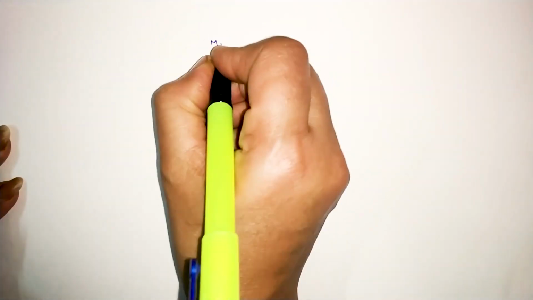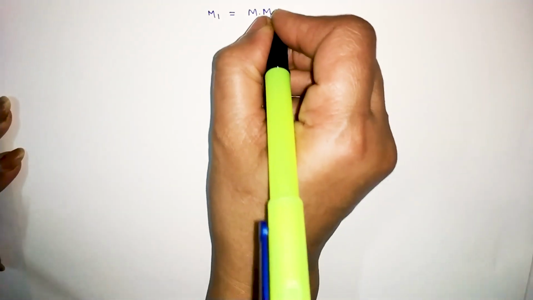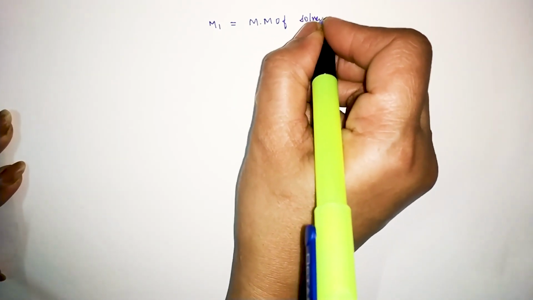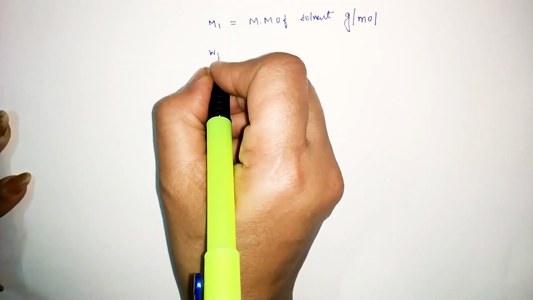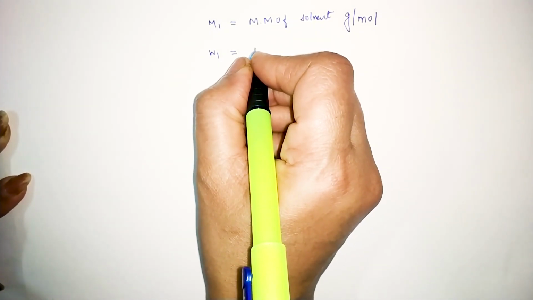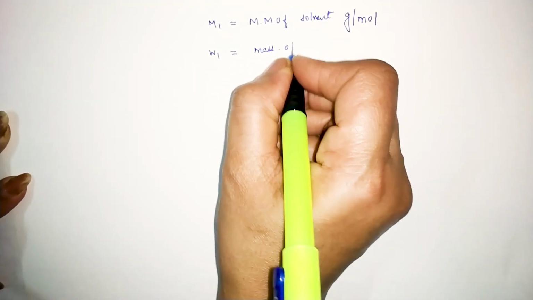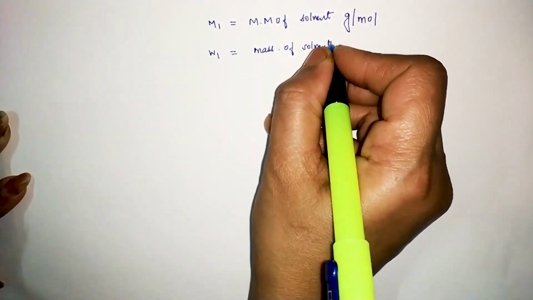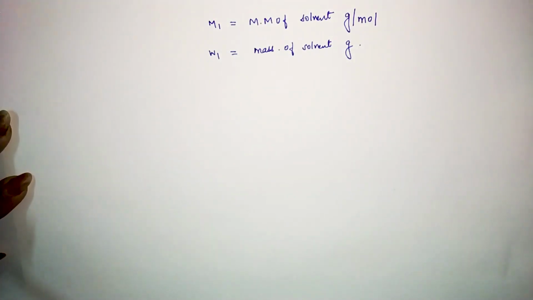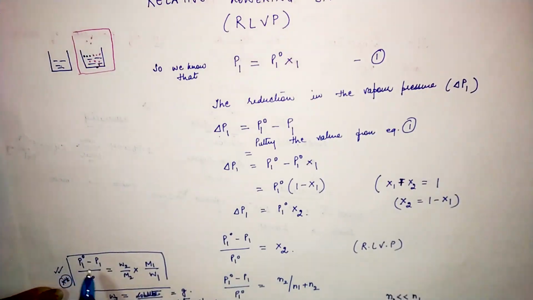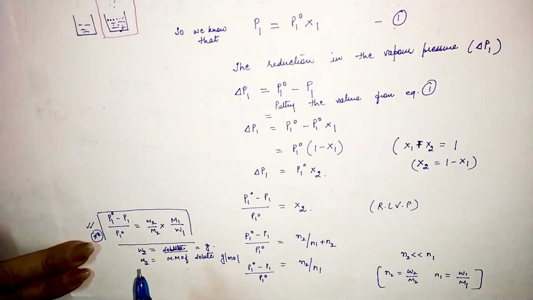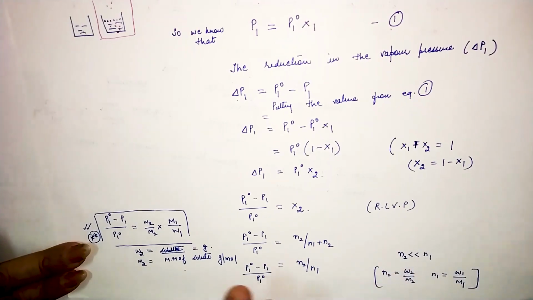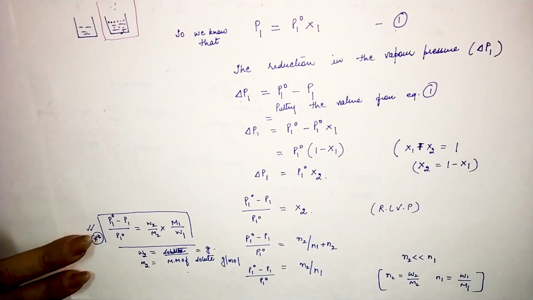M1 value is for the molar mass of solvent, whose unit is also gram per mole, and W1 is the given mass of the solvent, which is in gram. And this P1 naught and P1 are the partial pressure in the pure state, and when the solute is dissolved in it. The unit we will consider is bar. Hope the derivation and the formula for the numerical are clear to you.